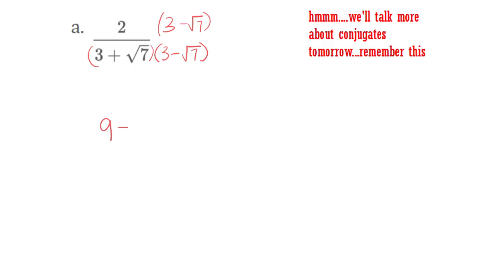Outer is going to be minus 3 root 7. Inner is a positive 3 root 7. And last is going to end up a negative 7. This right here is going to happen every single time. It's the whole reason we chose the conjugate. When you multiply these, the outer and the inner always cancel. And what that's going to manage to do for me is get rid of my radicals then.